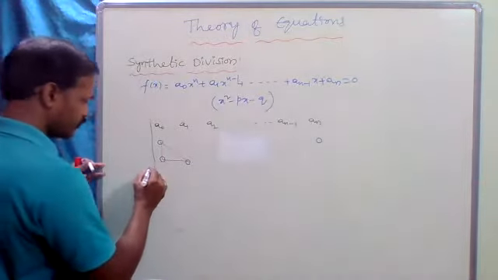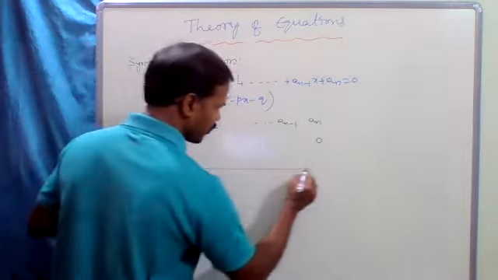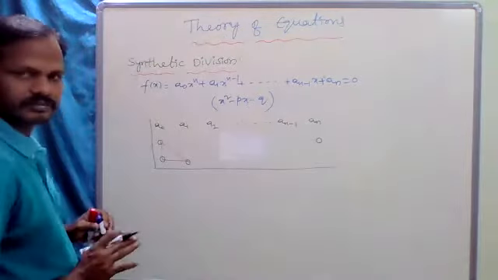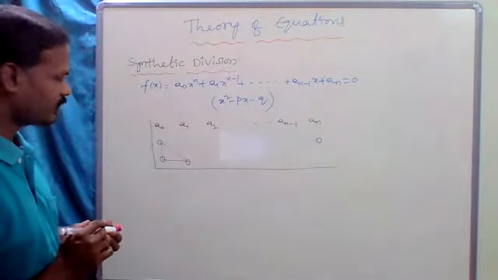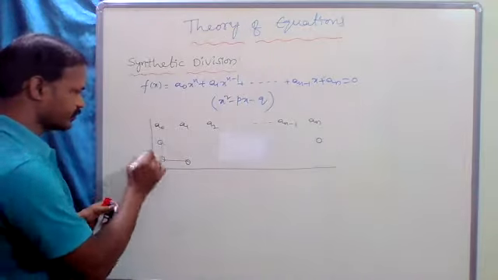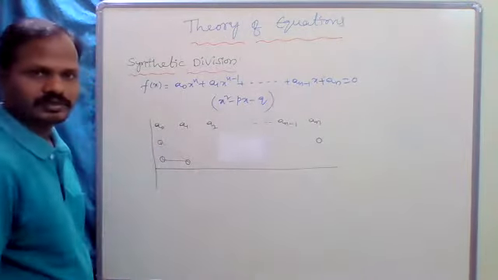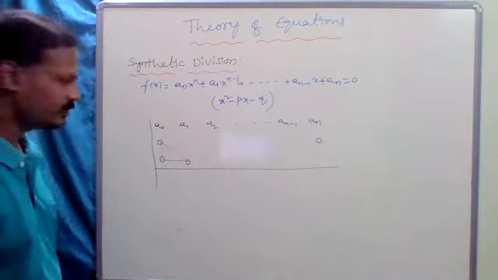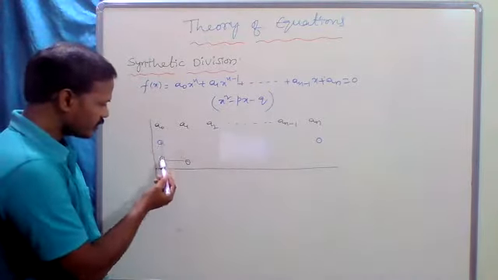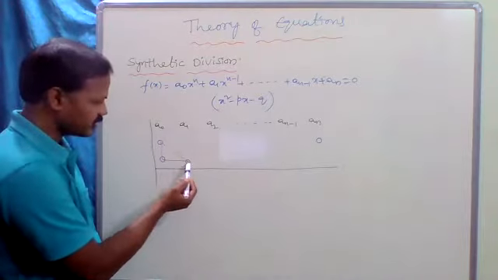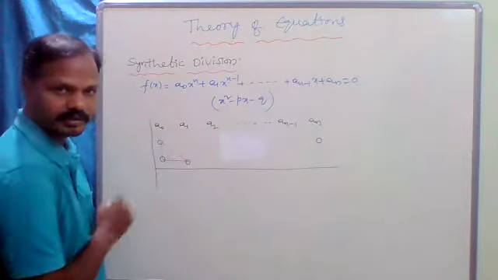Now draw a horizontal line. First we have to write the coefficients of the given polynomial, then write zeros in these places. It is in a triangle form, remember.